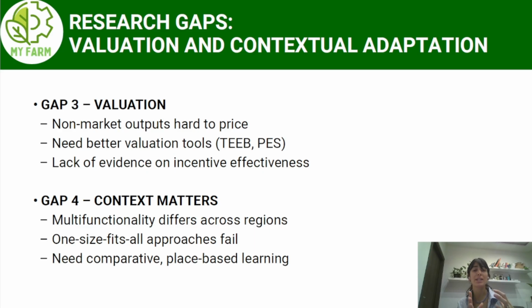So, we need better tools to evaluate these benefits and connect them with financial mechanisms such as payments for ecological services, carbon credits, or biodiversity offsets. We also need more empirical evidence on whether these mechanisms are actually effective and fair.